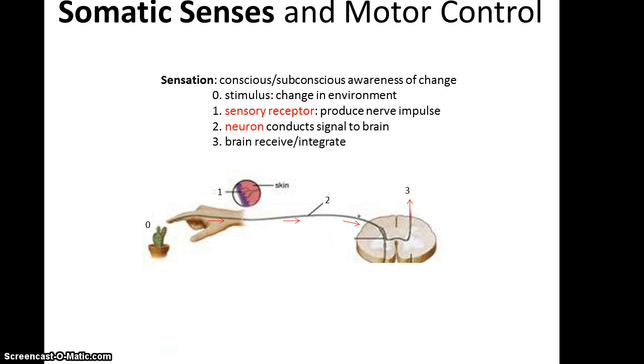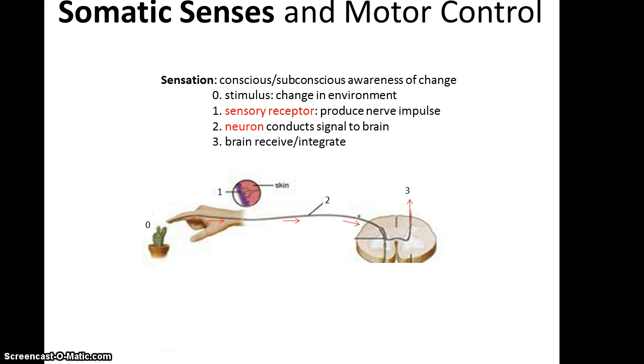So, it turns out the word sensation has a very specific definition, and this is the conscious or subconscious awareness of change. So basically, to get a sensation, first you need some kind of stimulus, a change in the environment. In the picture below, the change in the environment is the finger touching a sharp needle on a cactus.